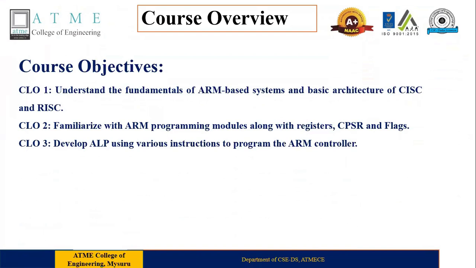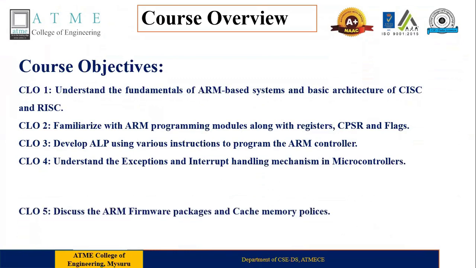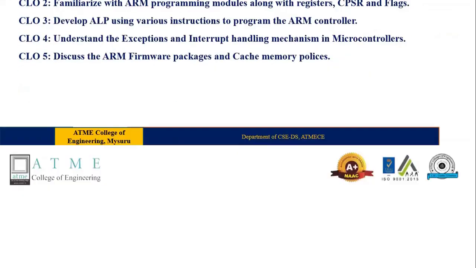Develop arithmetic and logical assembly level programs using ARM controller programming instructions. We also need to understand the exception and interrupt handling mechanism in the microcontroller, and discuss the ARM firmware package and cache memory policies. So these are the objectives of the microcontroller course.